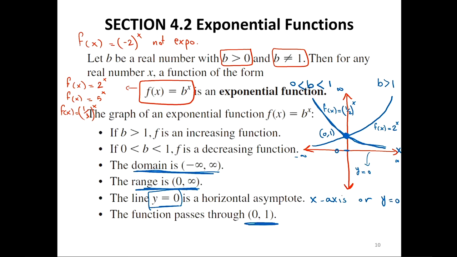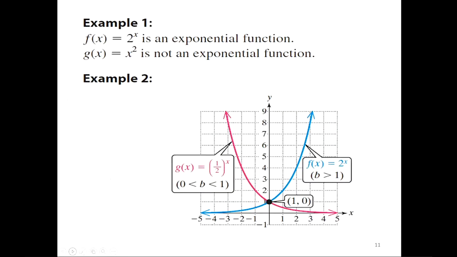The exponential function also passes through 0, 1. This is the graph, for example, for f of x equals 2 to the power x if b is greater than 1, or decreasing if b is between 0 and 1. This is, for example, half to the power x.